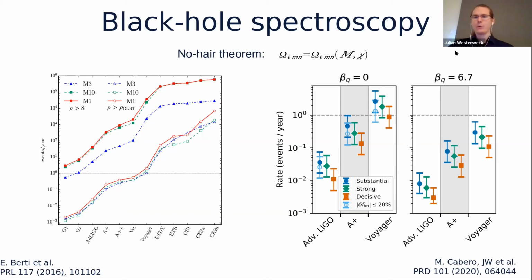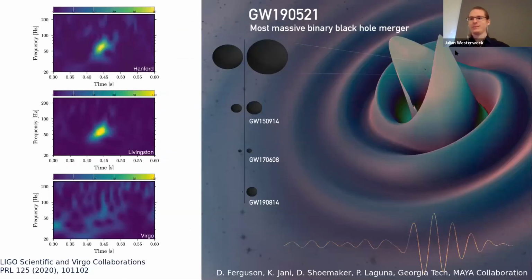However, then came GW190521, which is the most massive binary black hole merger detected by LIGO so far. And importantly, the mass range for this was not included in the population model predictions that we just saw. And the LIGO detectors have a sensitivity that is depending on the frequency.